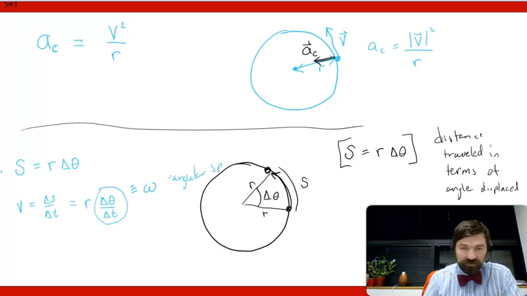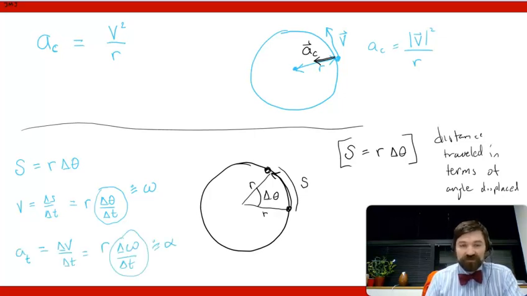So omega represents angular speed. Okay, and then in turn, I could also figure out a tangential acceleration by taking the rate change of the speed. And so that gives me the angular acceleration.